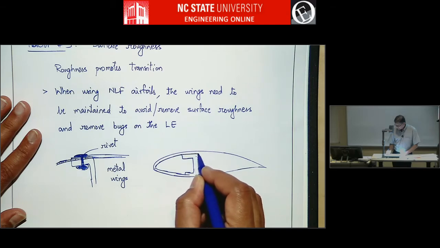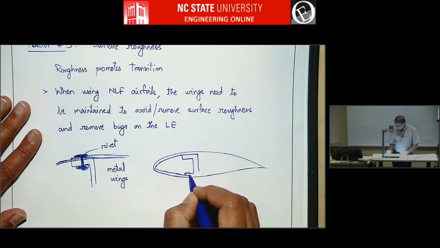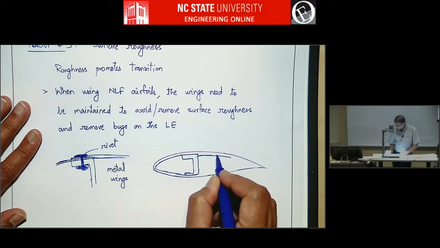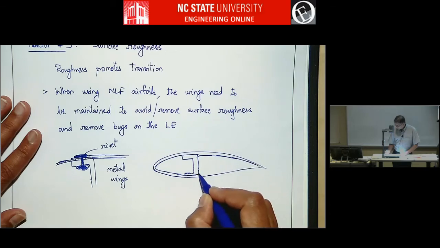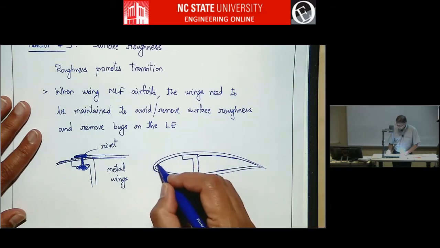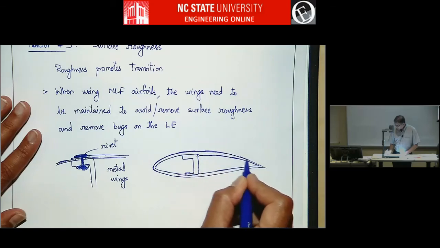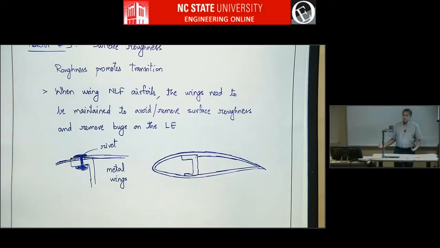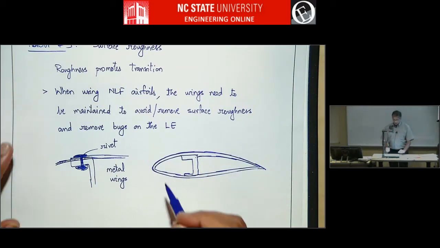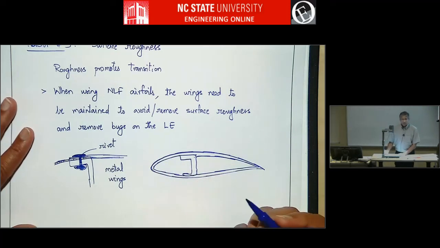Maybe the spar will be like this. And so the outside contour is often built in a mold, and that's smooth. So this doesn't have any rivets and stuff like that.